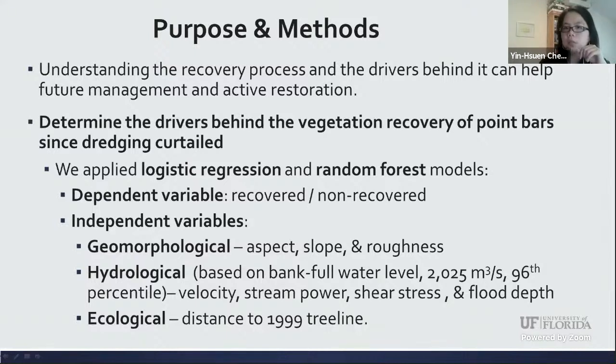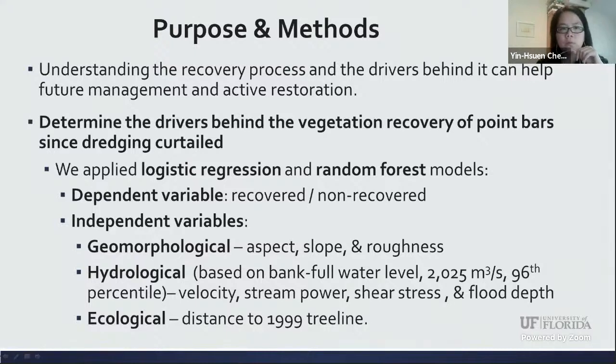We apply a logistic regression model and a random forest model to determine which factors have a higher degree of influence or higher importance to the recovery process. Based on previous studies and data availability, we selected 8 variables. Like I mentioned before, the dependent variable is whether the area recovered or not. For the independent variables, there are 8 of them.